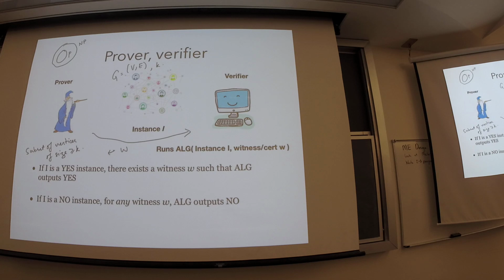It might seem a bit simple, and sometimes a bit silly, but it is actually non-trivial once you understand what's going on. The verifier is basically checking that the solution is correct. But the important thing is that you should not be able to fool the verifier into saying yes when the true answer is no. That's very important.